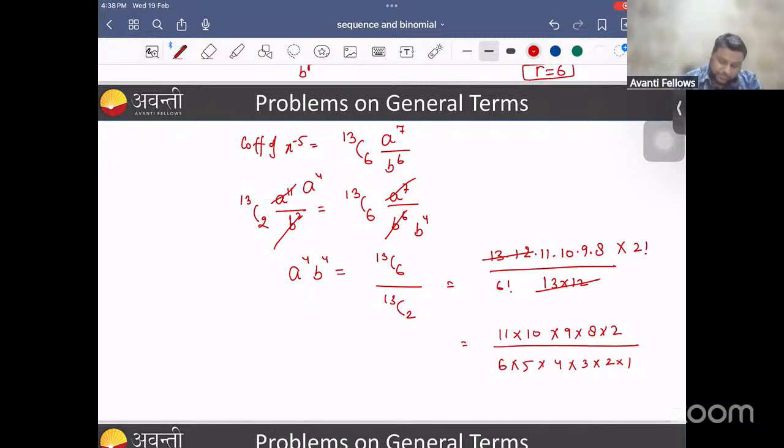Got it? So 5 and 10 cancel, 6 and 4 make 24, 4 and 8 cancel, 3 and 3 cancel, 6 and 6 cancel. So your answer is 11 into 2, that is 22. That's it. Very easy question.